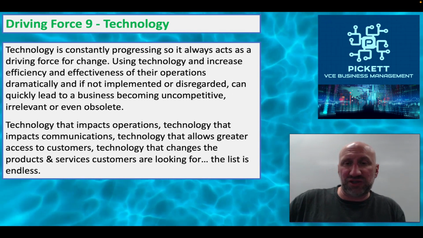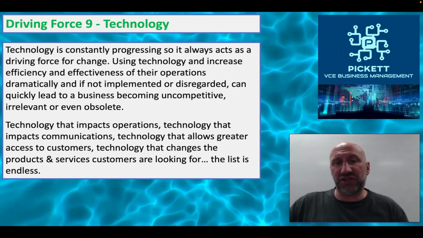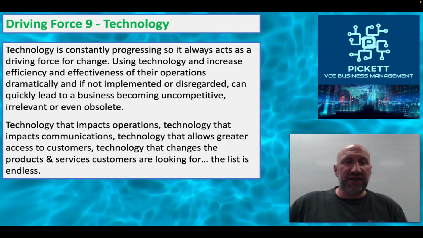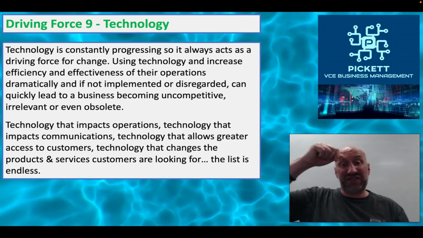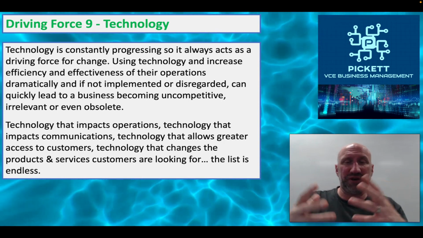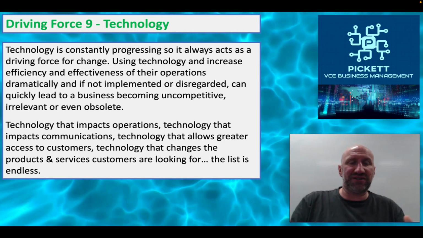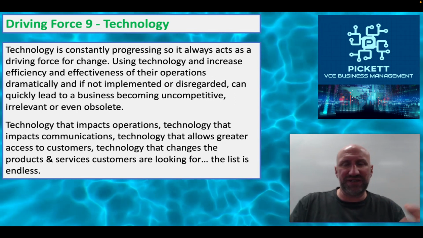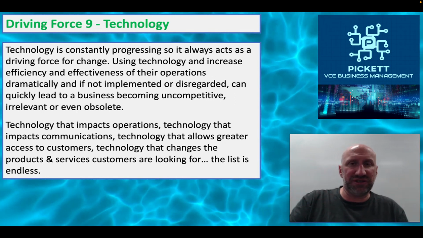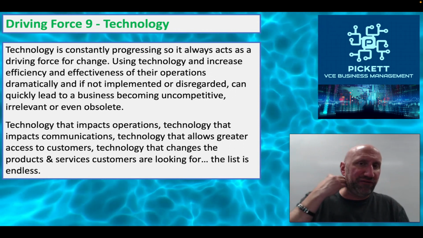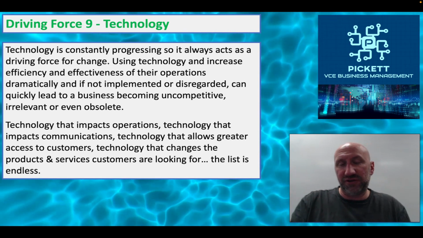Technology impacts operations, impacts communications, allows greater access to customers, and changes products and services customers are looking for. Like I say, the list is endless. There are so many ways in which technology impacts business, products, the way we interact with businesses and everything. So technology is something that business owners and managers need to constantly be aware of, and is a constant drive for change.